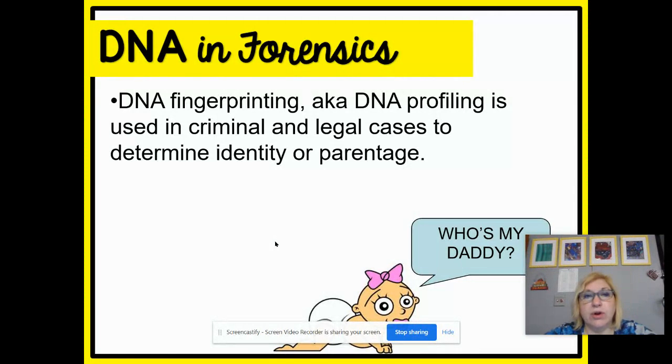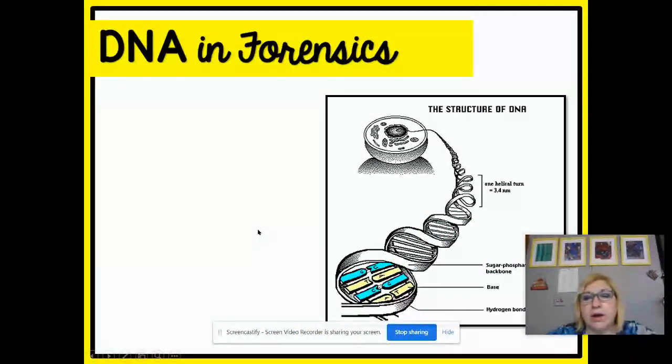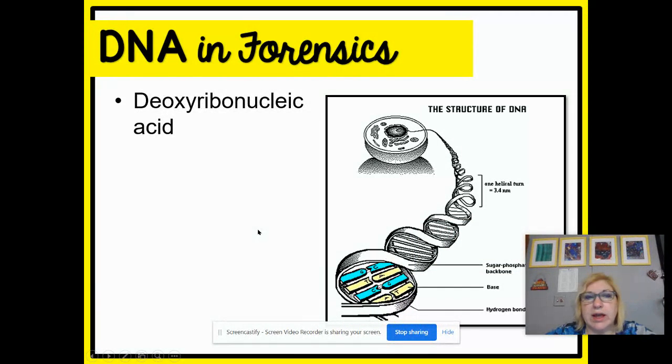So not only are we using it in criminal legal cases, but also finding out the parentage and who the relatives are is helping with solving crimes too. So moving on, here's a picture of the structure of DNA. You guys all know it's deoxyribonucleic acid.